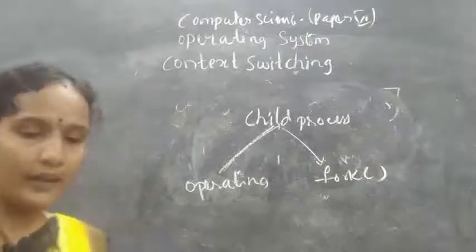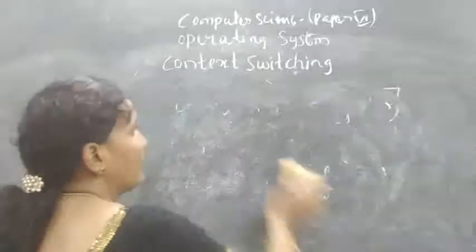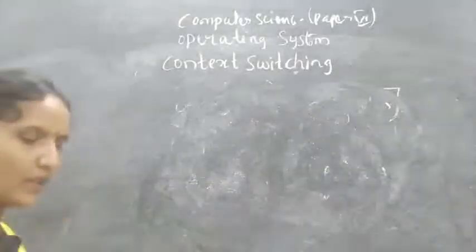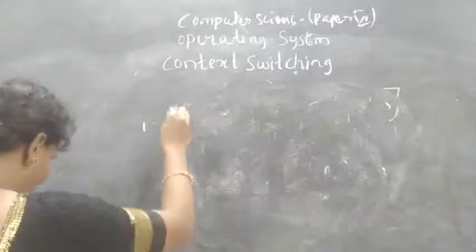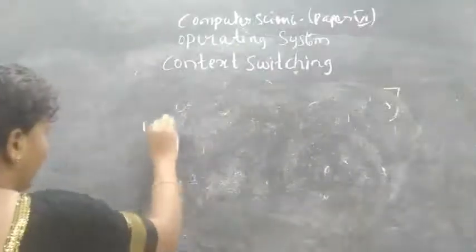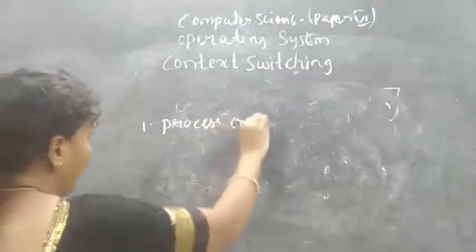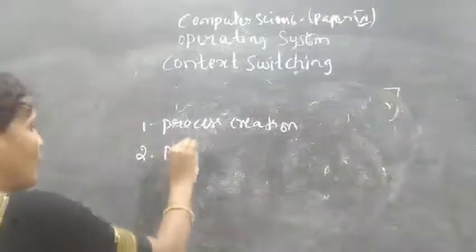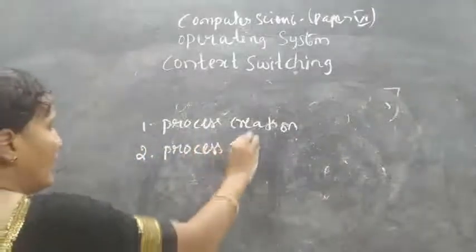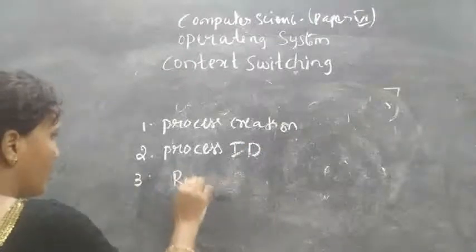Understood? And a few more points you need to remember when a child process is created. The first one is process creation. The second one is process ID. The third one is resource request.